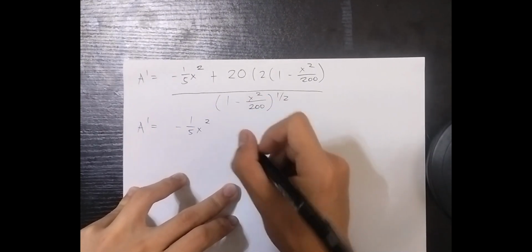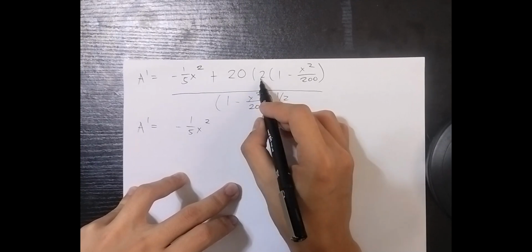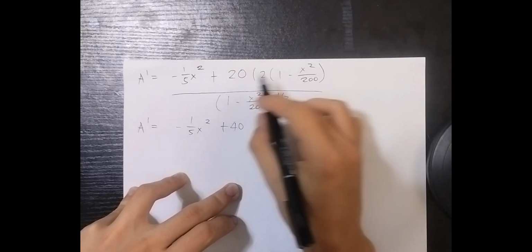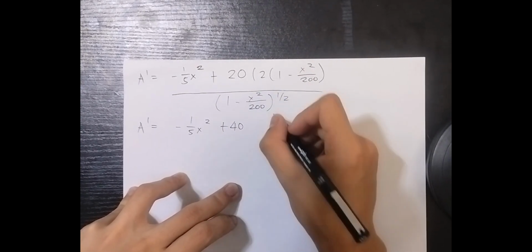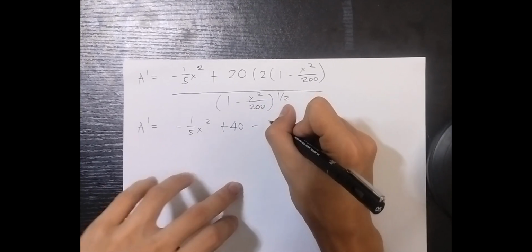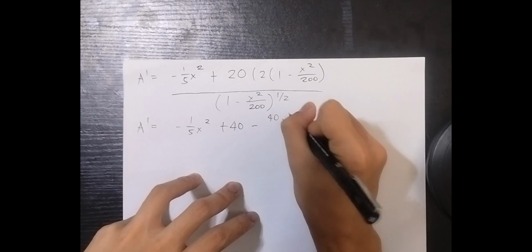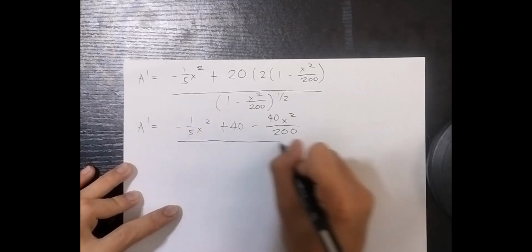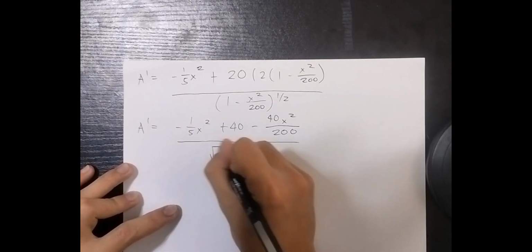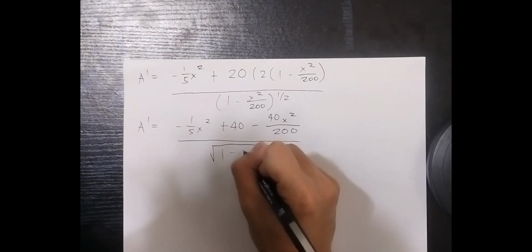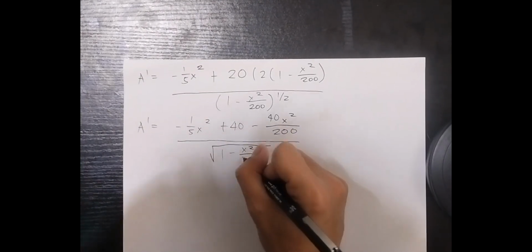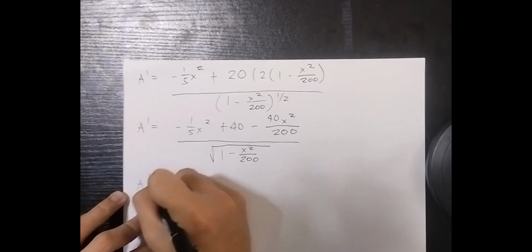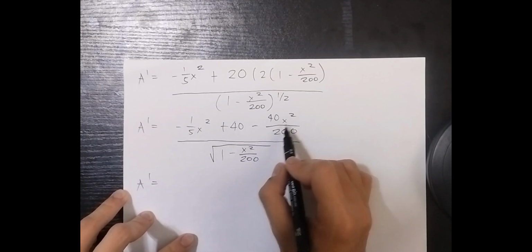So 1 over 5 x squared, 20 multiplied by 2 is 40, times 1 plus 40, negative sign, so it is 40 minus 1/5 x squared over 1 minus x squared over 200, square root. It will be A prime is equal to, it is just 1/5 x squared.